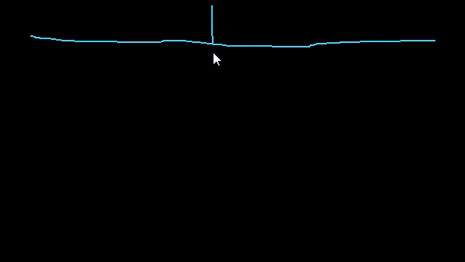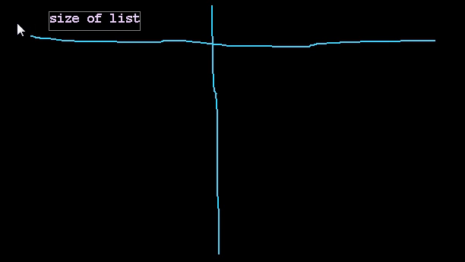So we're going to make a chart. And in this chart, we're going to keep track of, well, let's suppose we're looking for names. In the left-hand column, actually, we'll just keep this more general. The size of my list, the size of my collection, the size of my array, the number of elements.